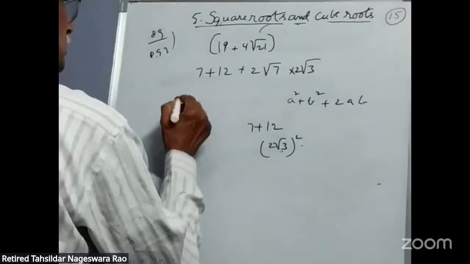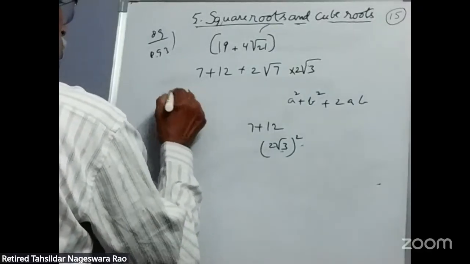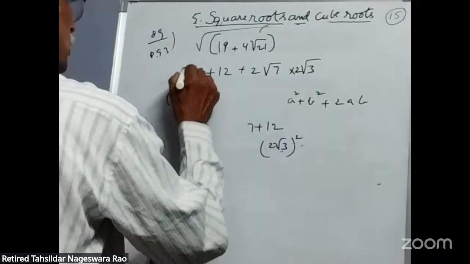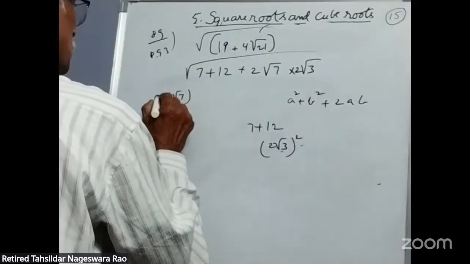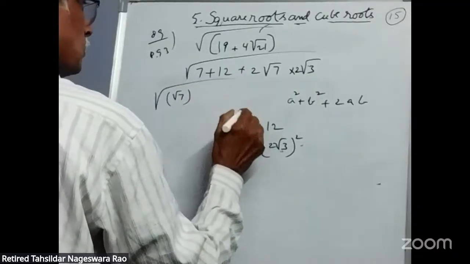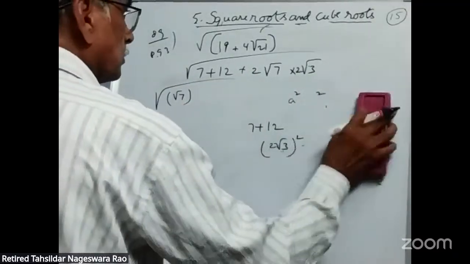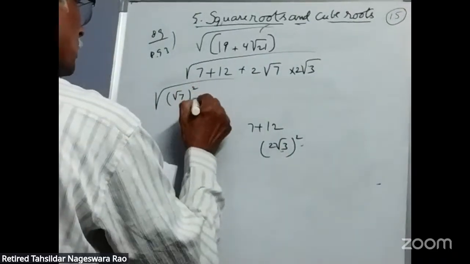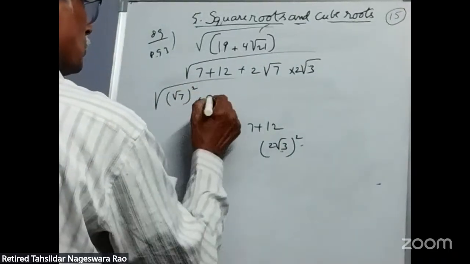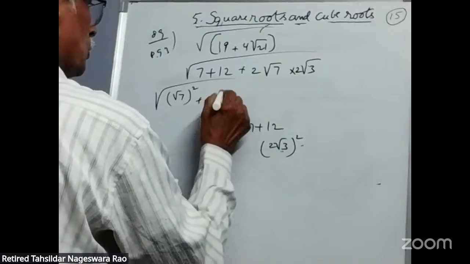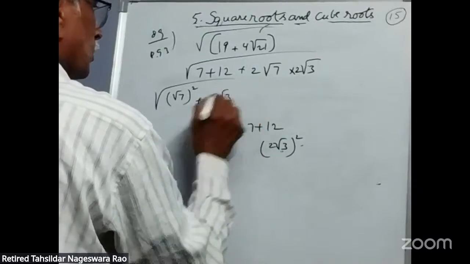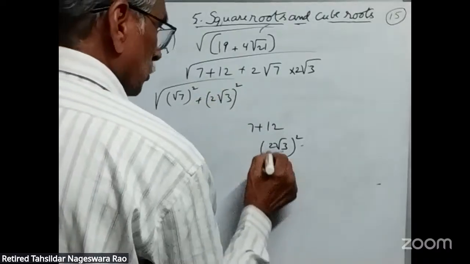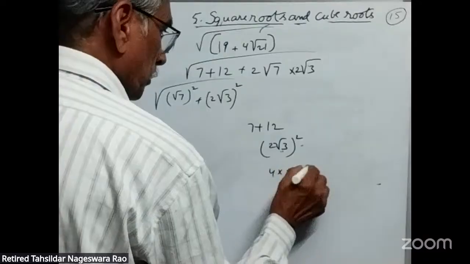Because (√7)² plus (2√3)². (2√3)² is 12: 2 squared is 4, and 4 into 3 is 12.